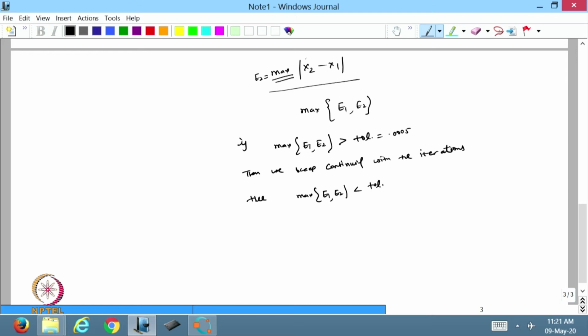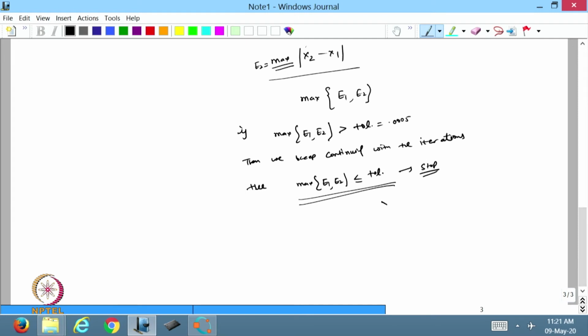If it becomes less than or equal to the tolerance, then we will stop, and whatever value we get will be our lambda, the eigenvalue, and the corresponding eigenvector.